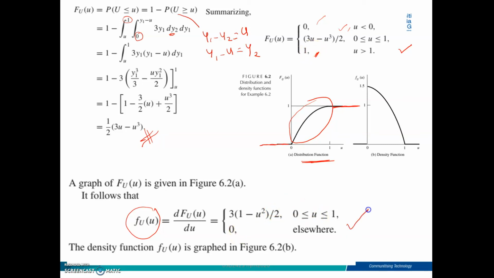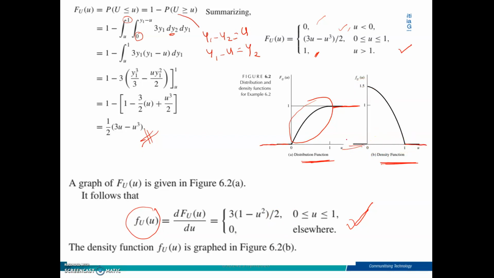So this is the density function, and the graph can be shown like here. From 0 to 1, this is the value, and elsewhere you get 0.